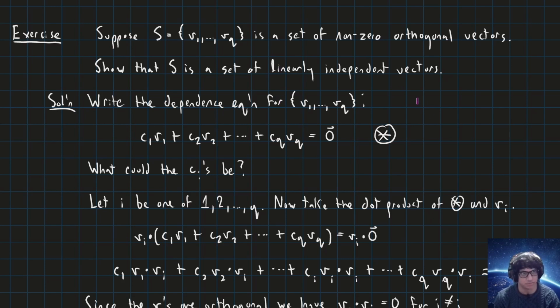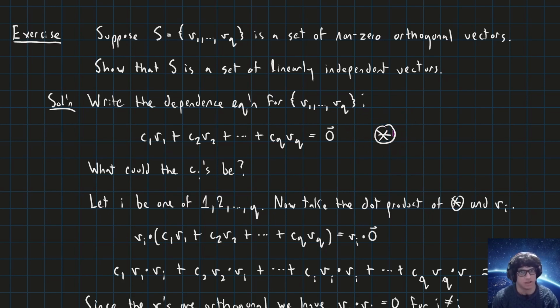Okay. So since we don't know much about these vectors other than they're orthogonal, we're going to need to use the definition of independence to prove they're independent. So for the vectors v1 through vq, I'm going to write down the dependence equation. So it's the starred equation from previous lectures.